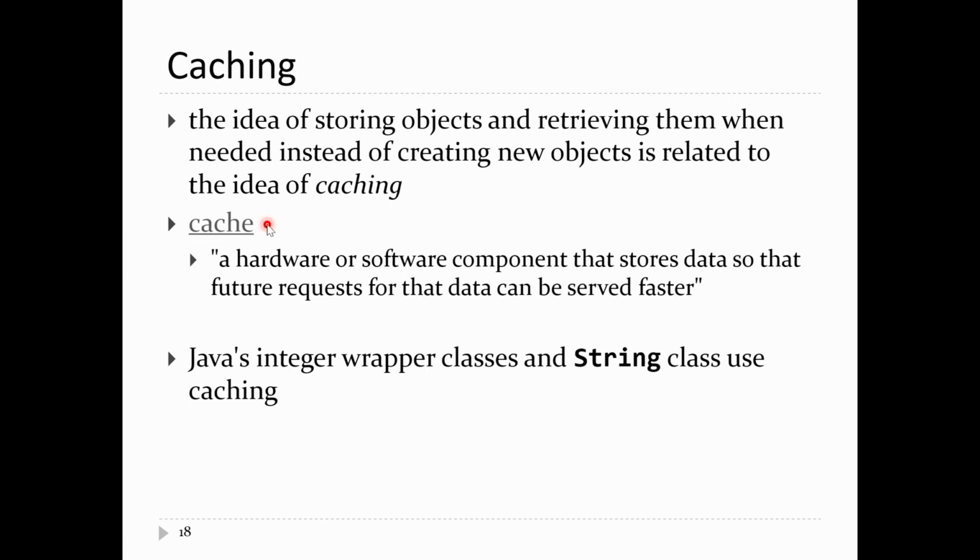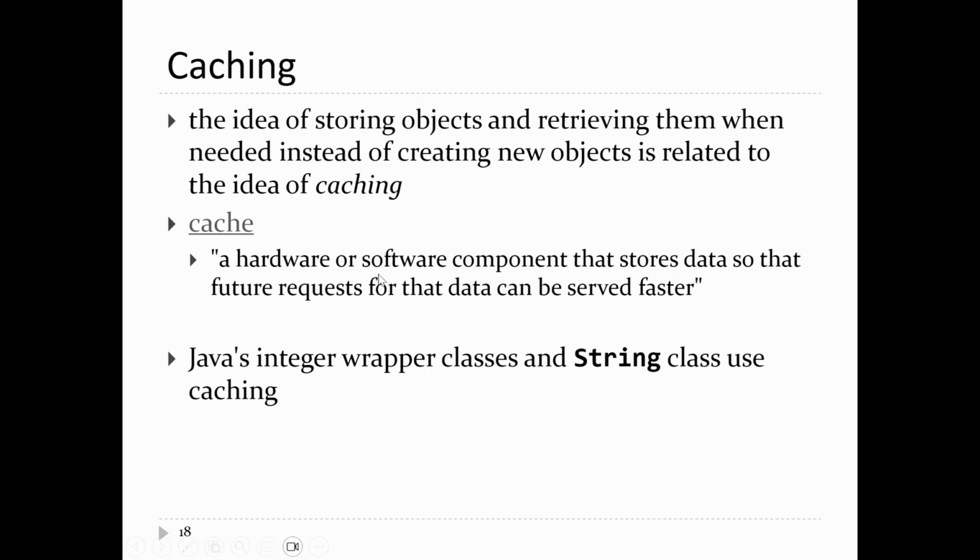A cache in computing, caches appear everywhere. A cache is a hardware or software component that stores data so that future requests for that data can be served faster. Hardware or software. In a modern computer, there are many, many caches. Your CPU probably has 3 or 4 or more caches for memory.